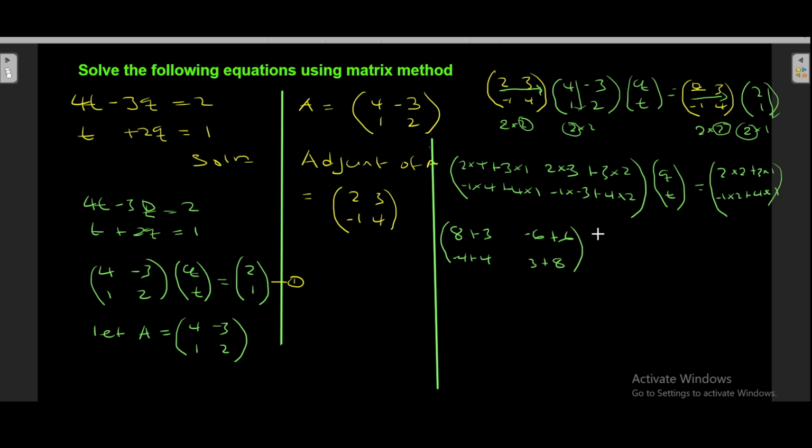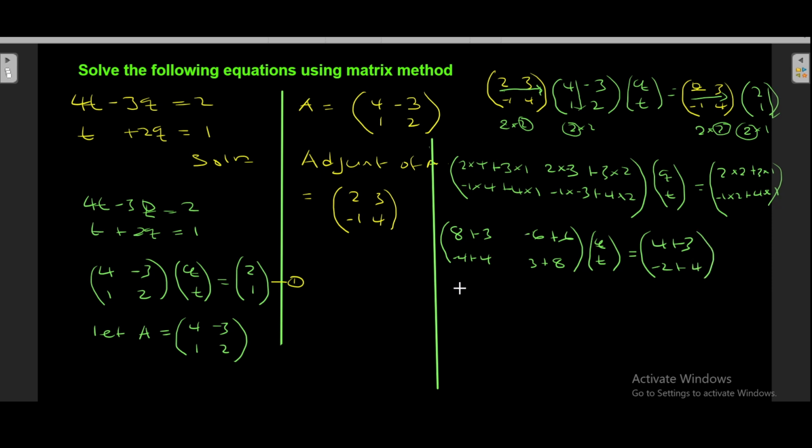This is q and this is t. Is equal to, when you multiply here, 2 times 2 gives you 4, plus 3 times 1 gives you 3, and negative 1 times 2 gives us negative 2, plus 4 times 1 gives us 4.